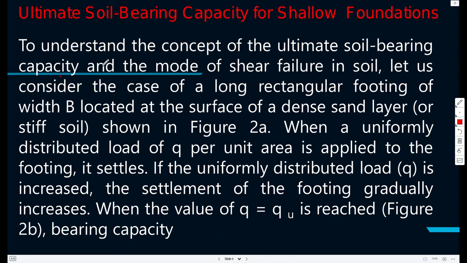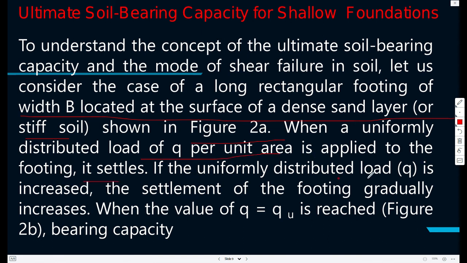Okay. To understand the concept of ultimate load bearing capacity and the mode of shear failure in soil, let us consider the case of a long rectangular footing with width B located in a dense sandy layer or stiff soil, shown in figure 2a. When a uniformly distributed load of Q per unit area is applied to the footing, it settles.